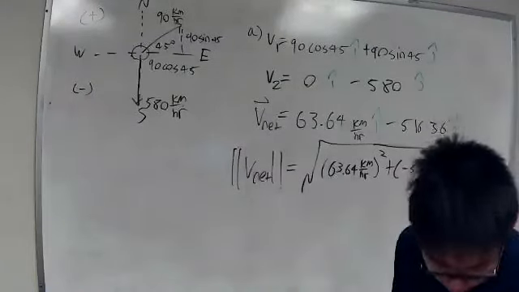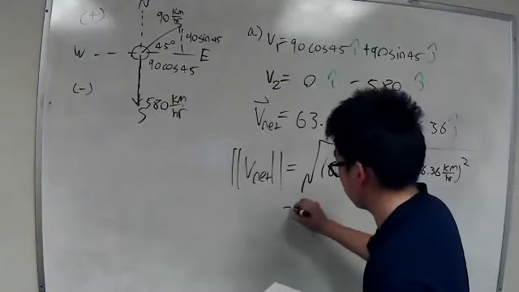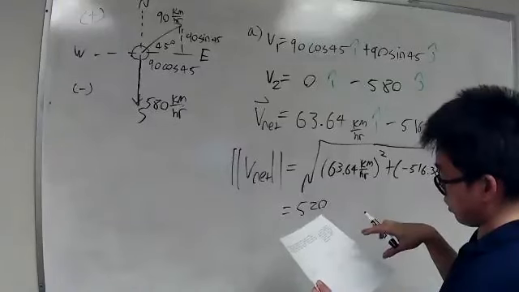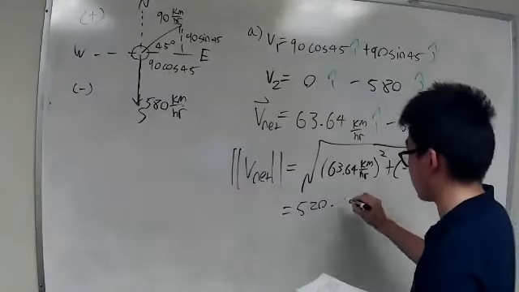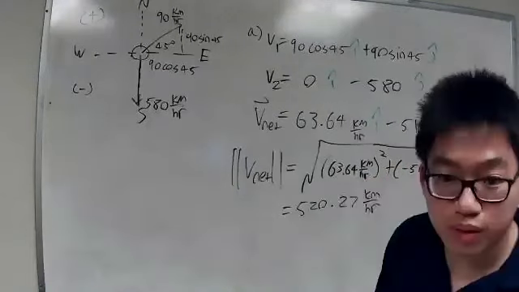Turns out this is 520.27 kilometers per hour. So this is the magnitude of the vector.